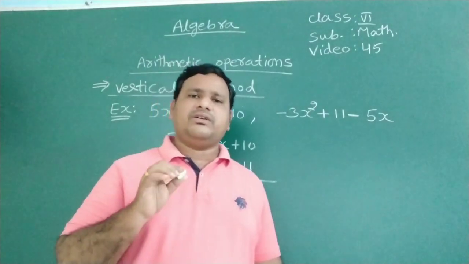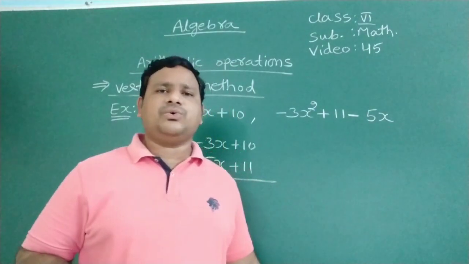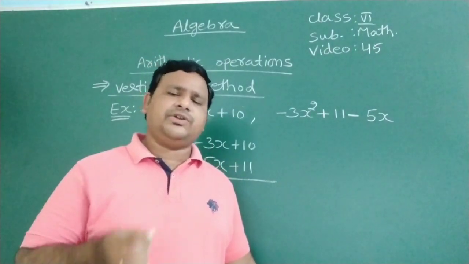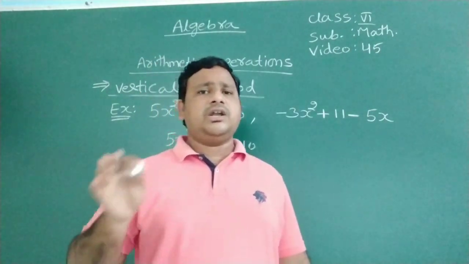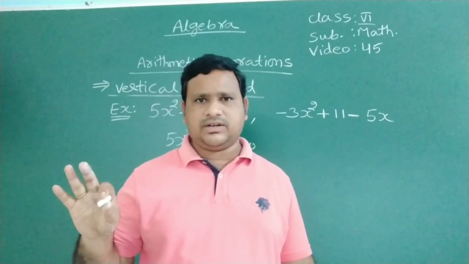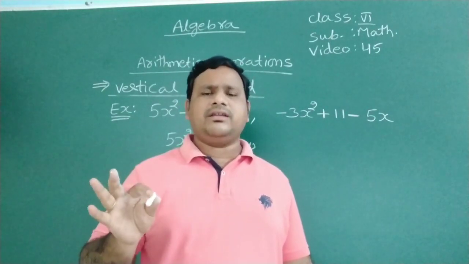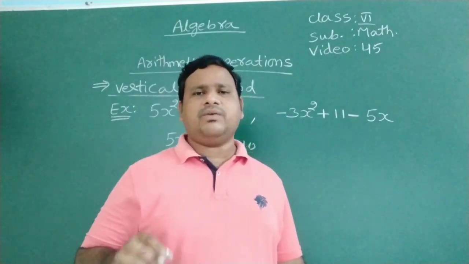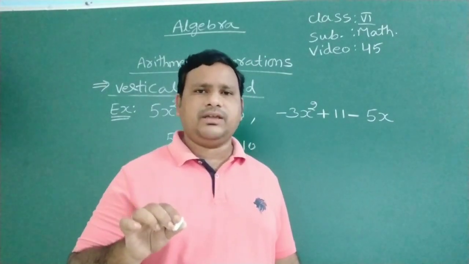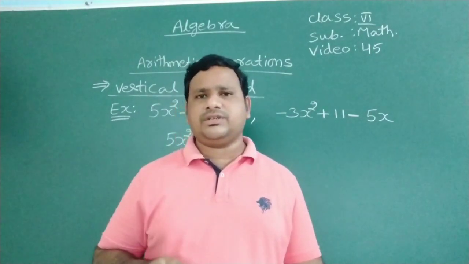That's why while subtracting also we take the subtraction of the numerical coefficients, not the variables. Understood? So in addition and subtraction, our main concentration should be on the numerical coefficients.